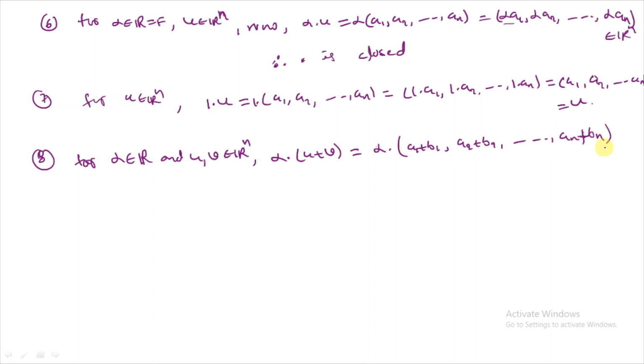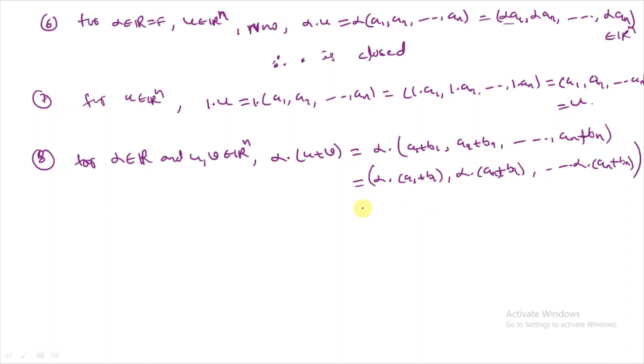Alpha is a scalar, and these are all real numbers. We know real numbers satisfy the distribution property. So using scalar multiplication, we can write alpha dot (a1 plus b1), alpha dot (a2 plus b2), and so on, alpha dot (an plus bn).